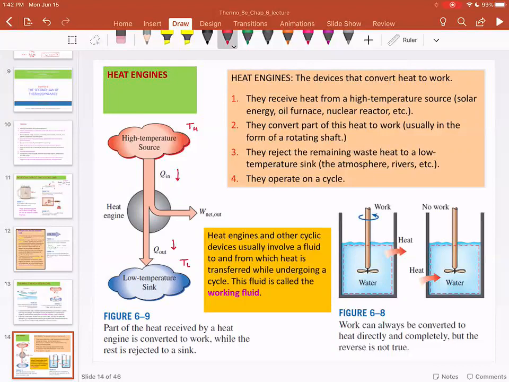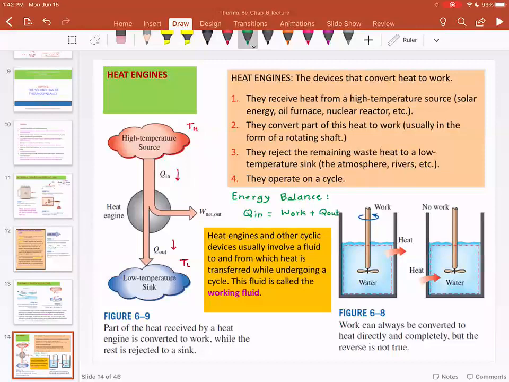So for the heat engine, if I want to write down the energy balance, and I want to emphasize this, the energy balance is something like Q is going in, part of this Q in is converted to work, and part of it is rejected.